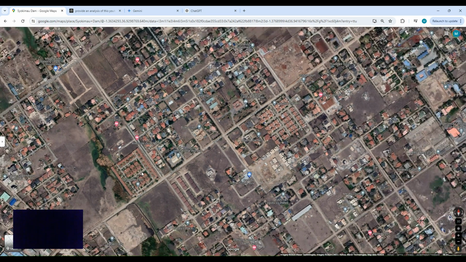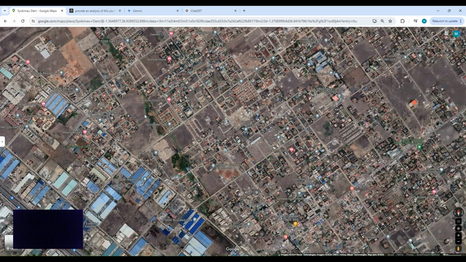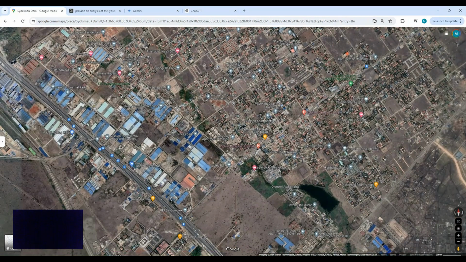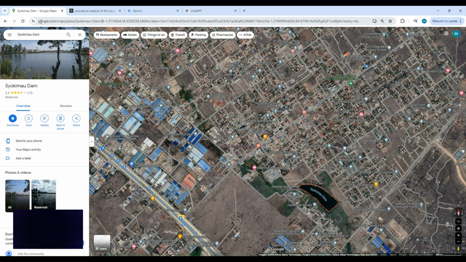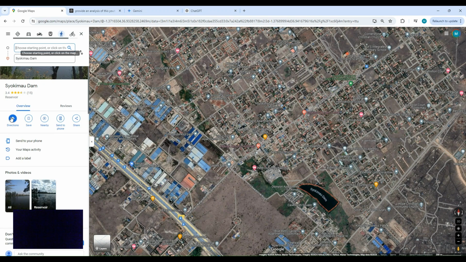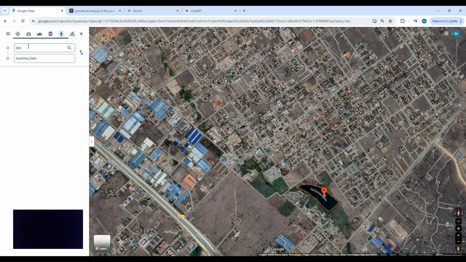So maybe what I could do is, I'll just come. This is Syokimau Dam, and we can go ahead and seek directions from, say, 360 apartments.